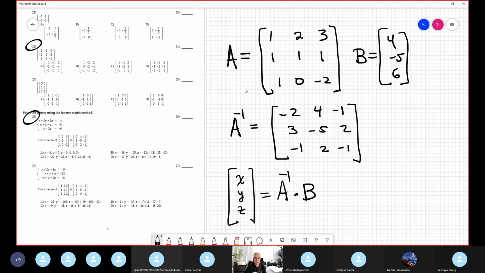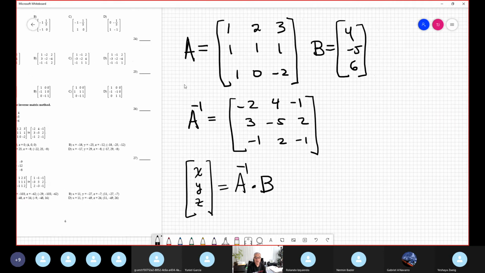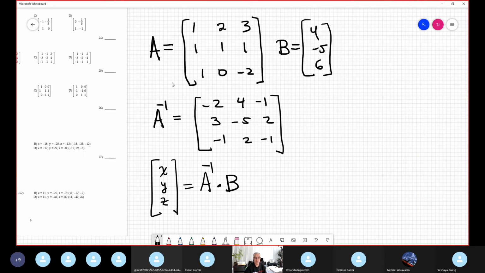So the only thing you should do is compute the inverse matrix times the vector b, in this order, inverse times b, and you get three numbers. Bam, bam, bam. And these numbers are x, y, and z. But let's do it in GeoGebra, because it's too complicated by hand.